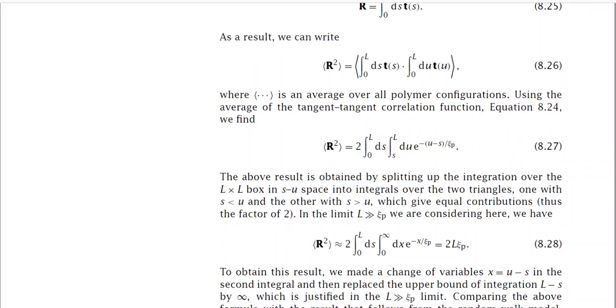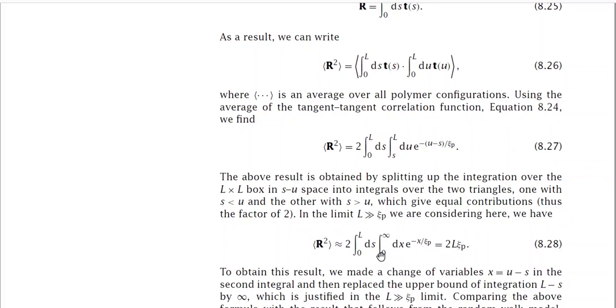Further, this equation can be written in a more simplified form in the limit where capital L is very large compared to epsilon p. Then R squared can be written as 2 times the integral from 0 to L of ds, and the limit s to L can be written as the integral from 0 to infinity of dx e to the power minus x by epsilon p.